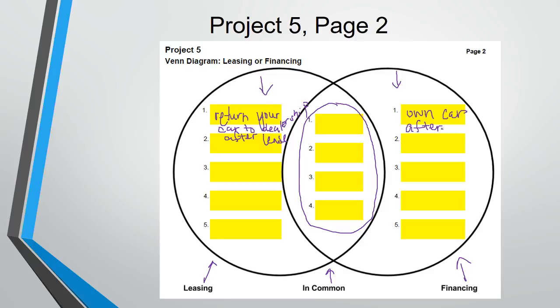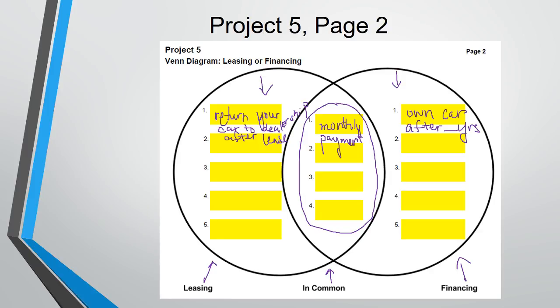Now in the middle is what they have in common. No matter if you're leasing or financing, you always are going to have a monthly payment. Yes, the price might be different depending on how much the car costs, all that good stuff, but you are still paying a monthly payment.